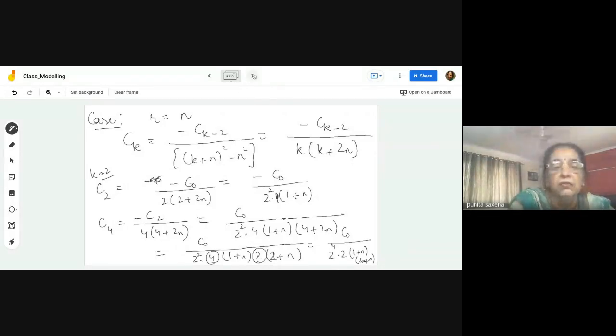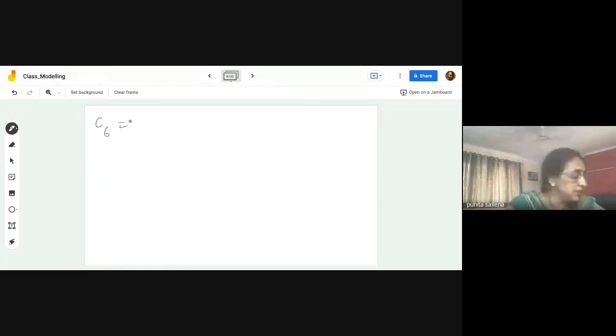Now just compute C6. What is C6? What will be C6? Minus C4 upon, क्या हो जाएगा? 6 into 6 plus 2n, है ना?